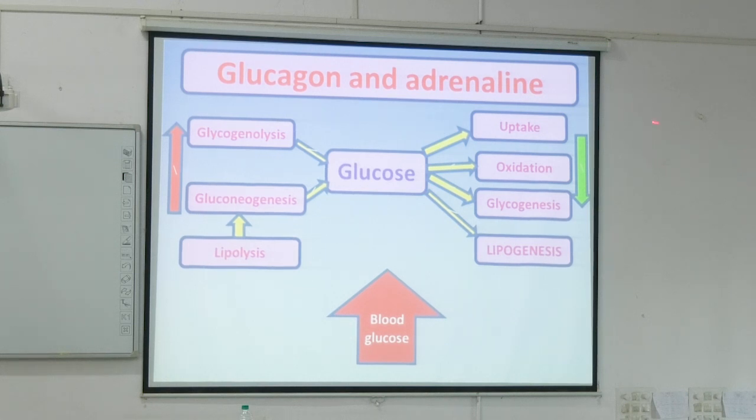Tissue will take less amount of sugar, oxidation will be decreased, glycogen synthesis will be decreased, see opposite, and lipogenesis will be decreased, see opposite. So what are the pathways increased here? Glycogenolysis, gluconeogenesis and lipolysis. What are pathways decreased here? Lipogenesis, glycogenesis, oxidation and uptake.